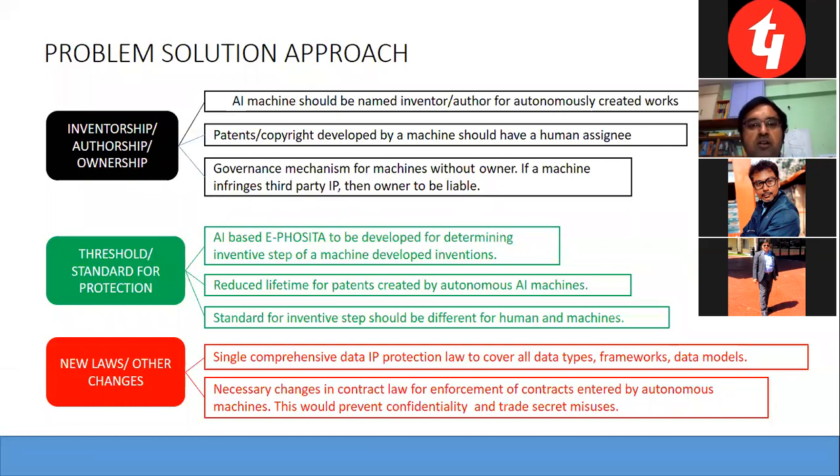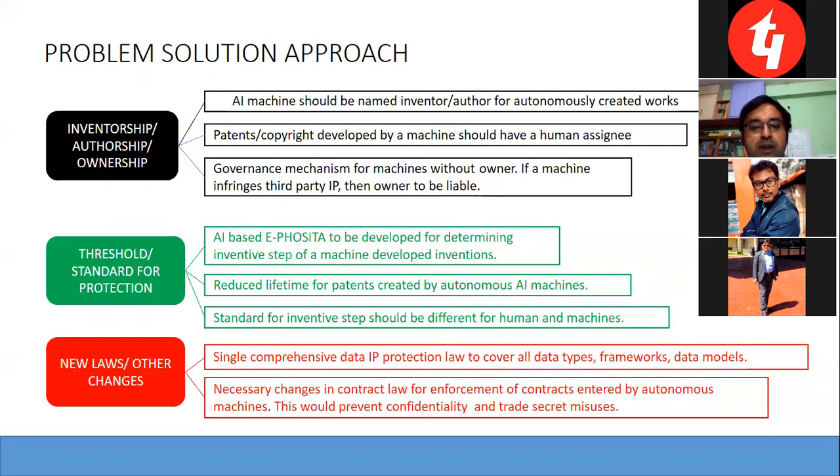Then we should have a state-backed governance mechanism for machines which do not have any owner. These are machines which would be omnipresent over the internet as bots and other forms of code, and would keep on running, maybe on a server or even in serverless computing.